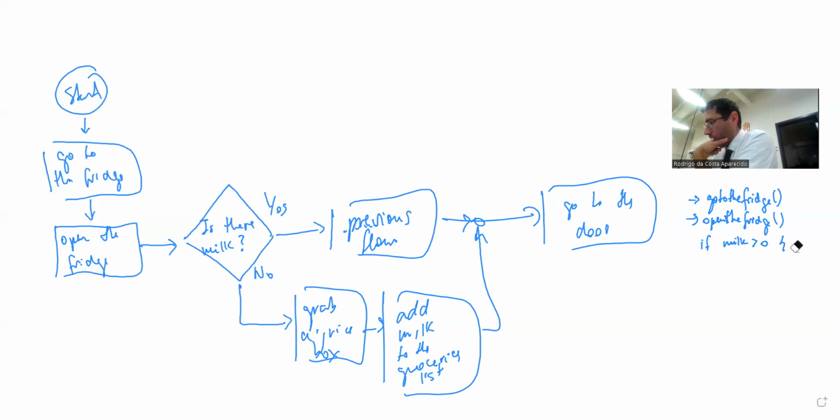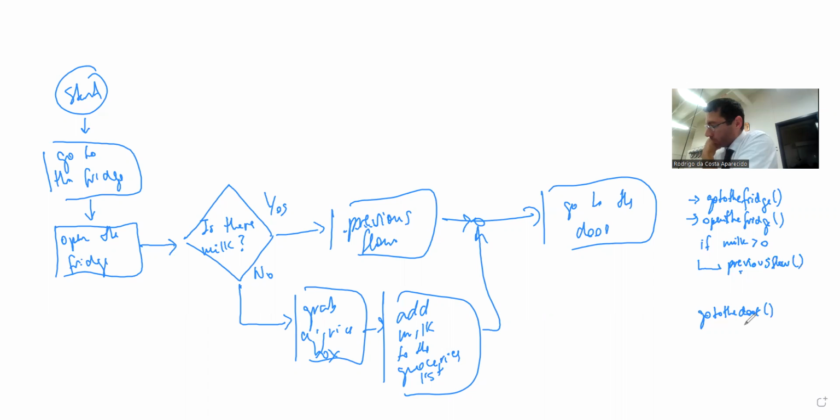Let me erase this. What we have to use is just a tab. So you're going to have to add some space there, a tab. And then if there's milk, or milk is greater than 0, we're going to do previous flow. Okay, now I'm done. I can go to the door.